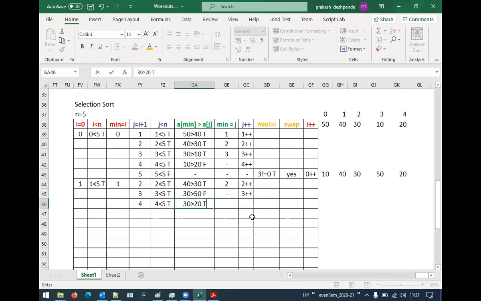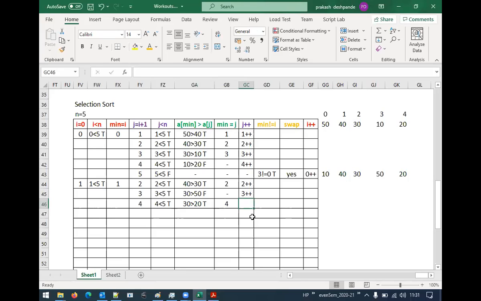Now we have found that the left hand side number is greater than the right hand side number. Means in the array, we have something on the left side which is greater, and on the right side there is something smaller. Now we need to swap those particular numbers. For that, min we will update once. So now min will get what value? 4. Any doubts? If you have doubts, please ask.